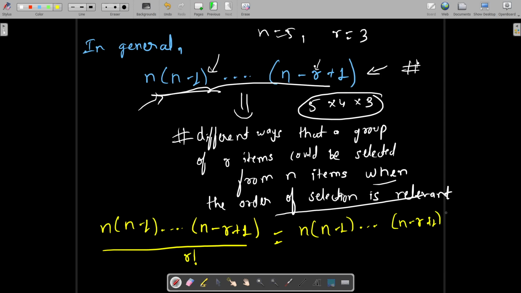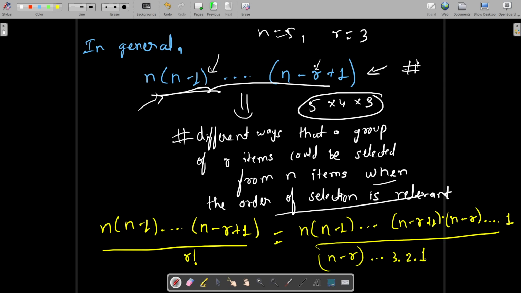So I will go from n minus r up till 3, 2 and 1. I'm just writing 1 directly. So I have to divide as well by n minus r, here I am writing 3, 2 up till 1. So basically this is nothing but n minus r factorial at the end. And it's the same thing, because since we multiplied we have to divide. So this is n minus r factorial. And we already had r factorial, right?